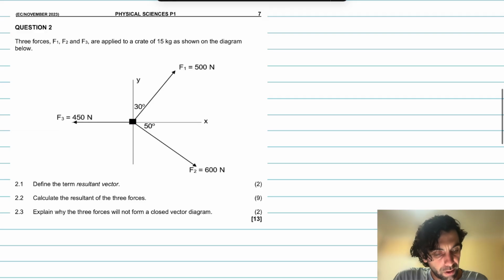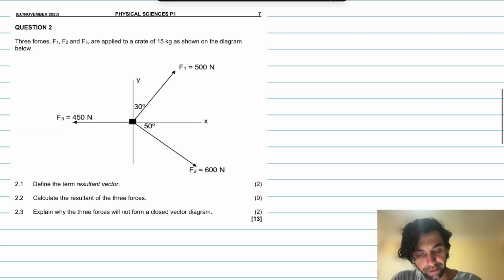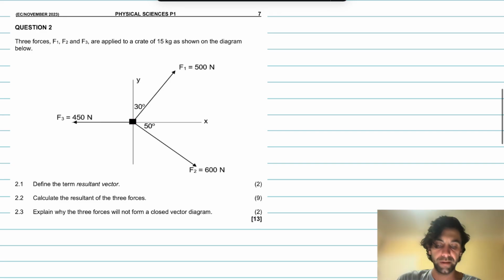Okay, so our first force is F1, it's 500 newtons. We have F2, which is 600 newtons, and we have F3 over here, which is 450 newtons. Here we have our y-axis, and that F1 is acting at 30 degrees from the y-axis.